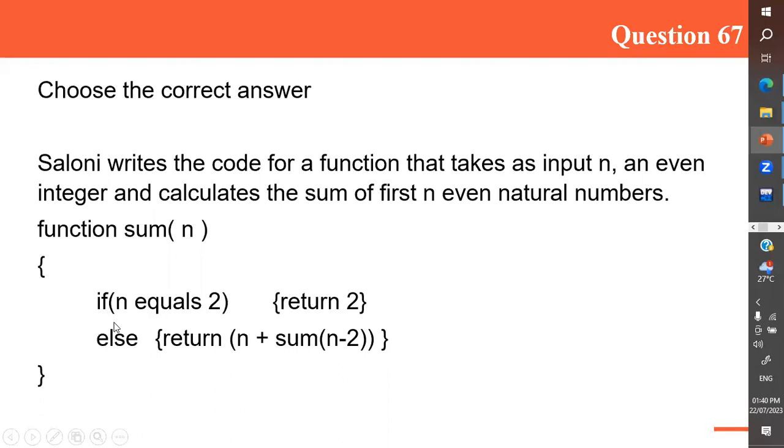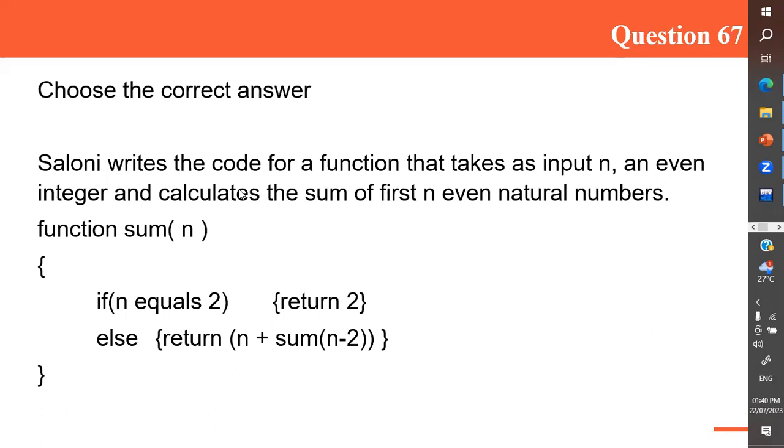See this question. I'll show you the next part. There is some more part. Okay, I hope you have read that.